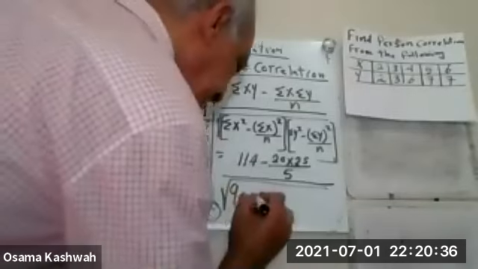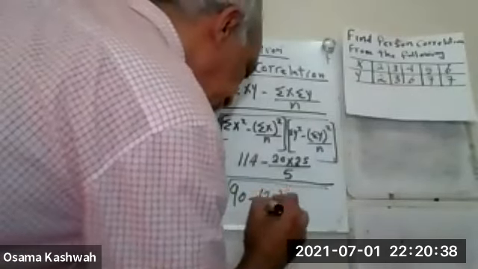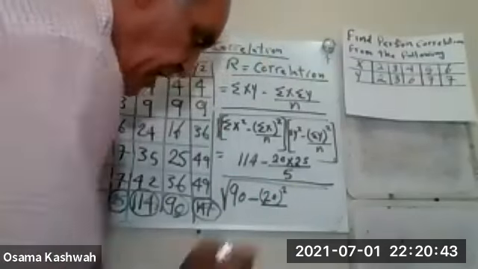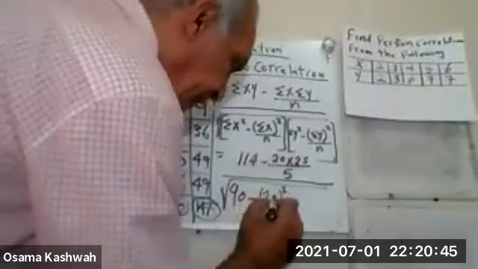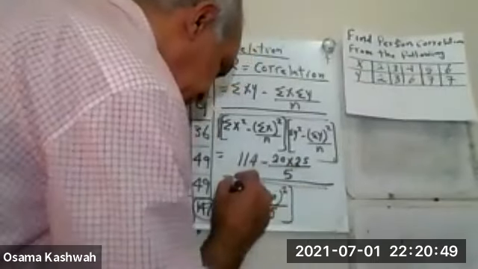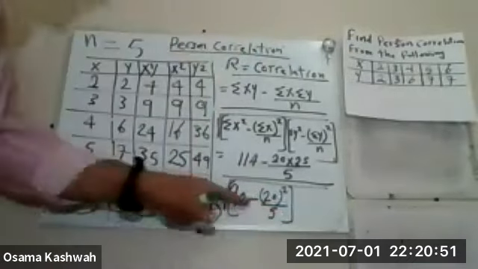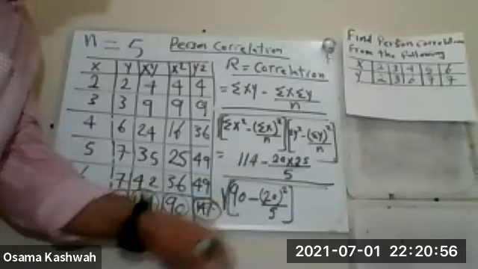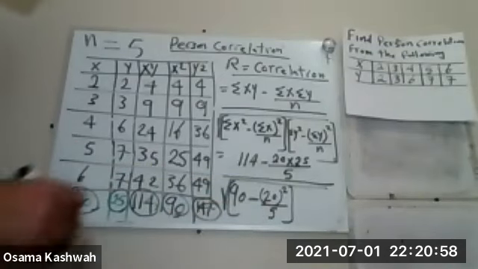X is 20, all squared, the square of 20, or power 2, divided by 5. We said the n is not in the square. The square is for the x only, but not for the n. The n is out of the square. Then again, the same thing for y.